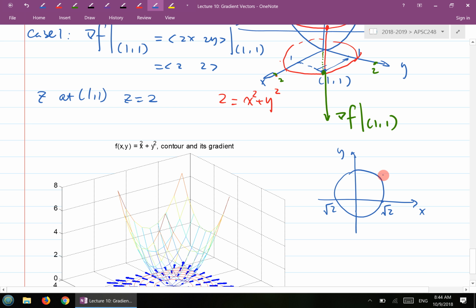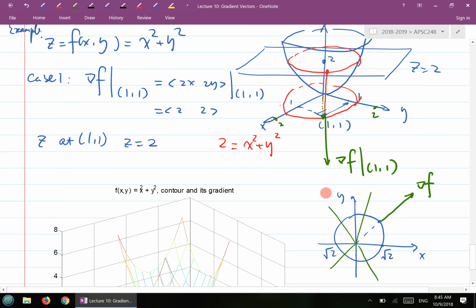Here is that green gradient vector del f, passing through the origin. I will prove that it is perpendicular to the circle, but in this case it's very obvious: a radial line going out of the origin is perpendicular to the circle.